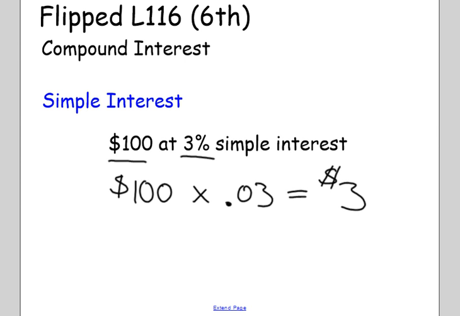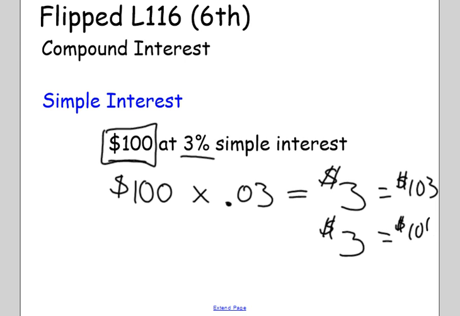Simple interest means that every year, since you put $100 in, they're going to give you 3% of that original $100. So the first year you're going to get $3 and you're going to have a total of $103. Then the next year you're going to get another $3 and have a total of $106.